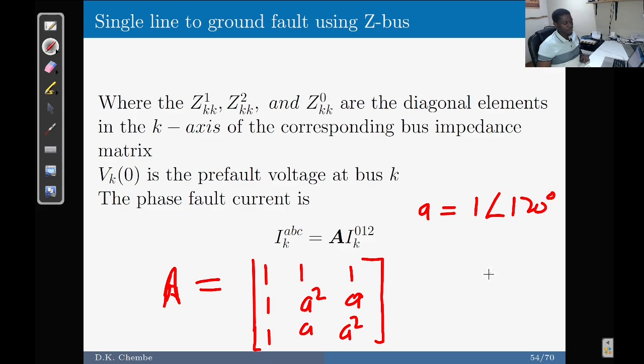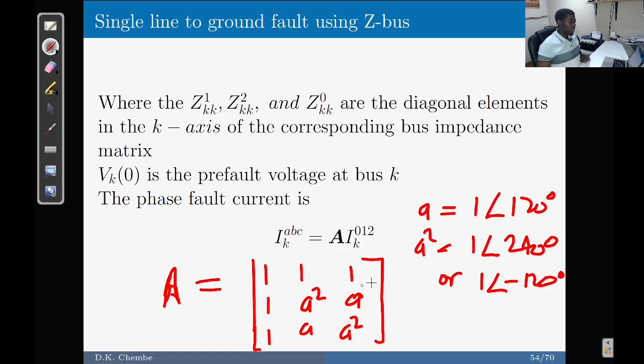That's our A. So our A squared is simply 1 at angle 240 degrees, or equal to 1 at angle minus 120 degrees when you take the other route on the phasor diagram.